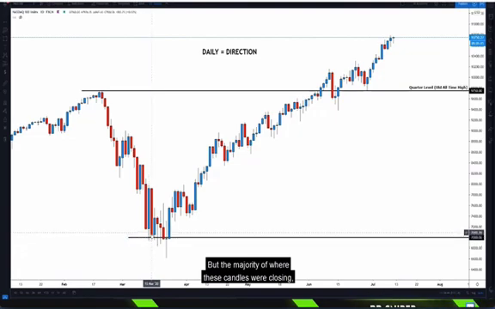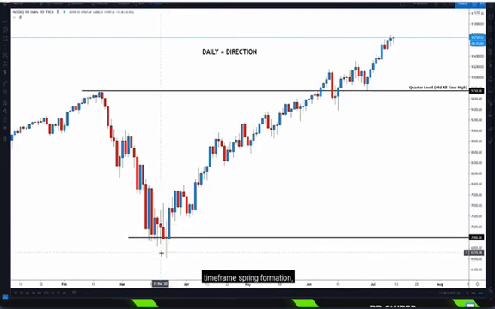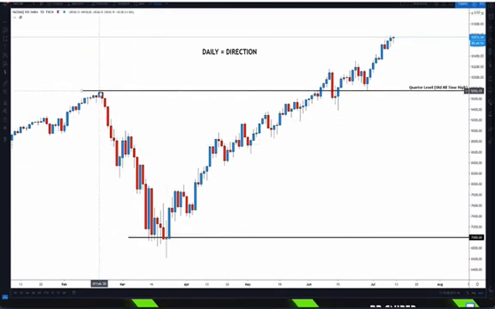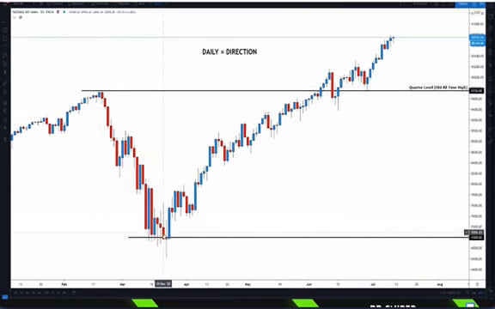But the majority of where these candles were closing, where they were opening, and even where we started to see that strength come into the market after getting a smaller time frame spring formation, all of that significant price action occurred right around the 7,000 whole level. So this was our range from where the old all-time high was to where the sell-off had ended for this period of time.